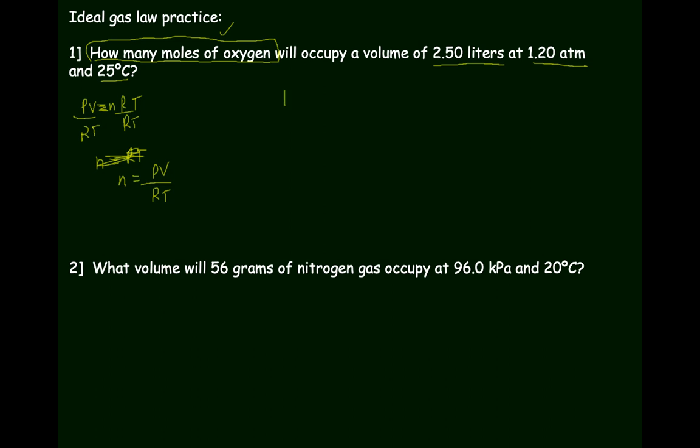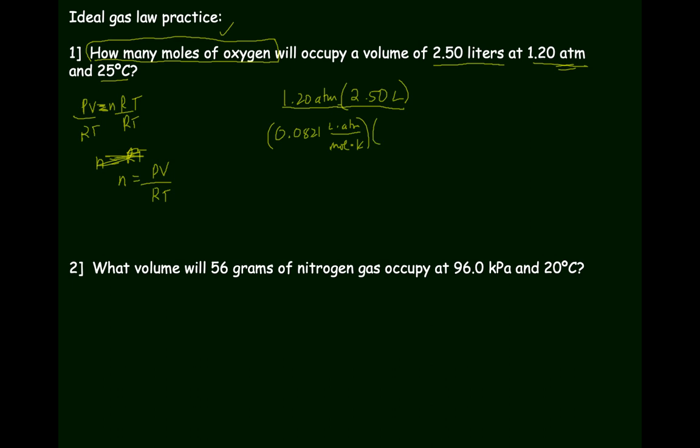My pressure is 1.2 atm. I'm going to multiply that by the volume, which is my 2.5 liters. All right. So I have that in there. My R, since I'm in atm, I'm going to choose 0.0821 liter atmosphere per mole Kelvin.